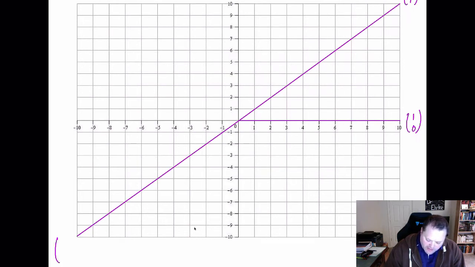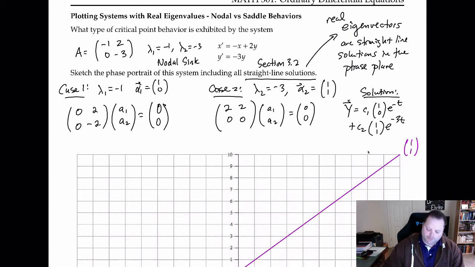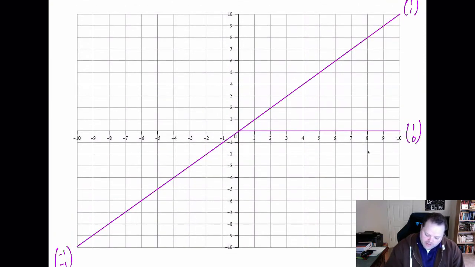This is not the vector 1, 1 anymore. It's the vector negative 1, negative 1. The vector negative 1, negative 1 would come about if C2 were, say, negative 1. So imagine C2 were negative 1, then you would get the vector negative 1, negative 1 times some scaling here from the exponential. Similarly here, 1, 0, its opposite is negative 1, 0. Just negate it. And this gives you the vector in that direction.